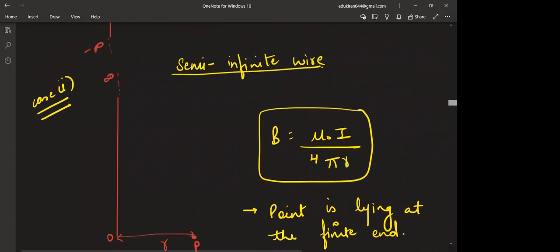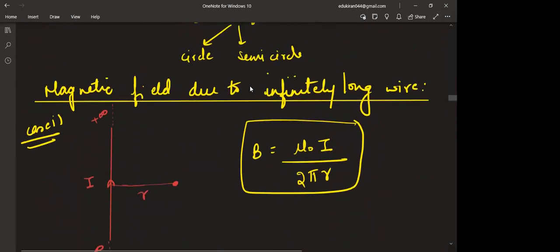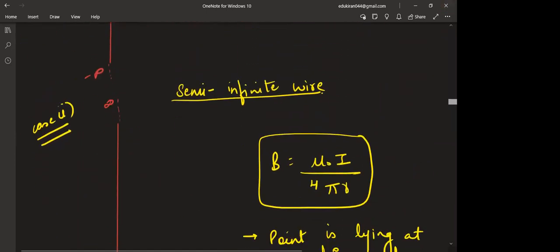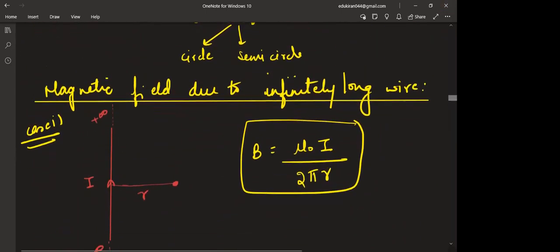So just make the headings: magnetic field due to infinitely long wire, then the heading for semi-infinite, and just write the formulas.